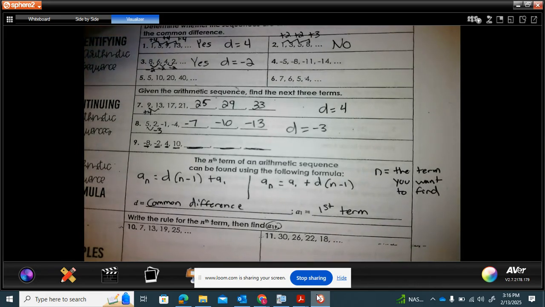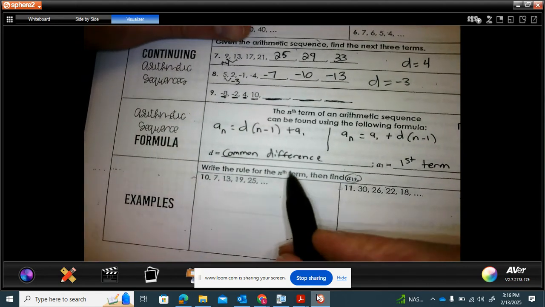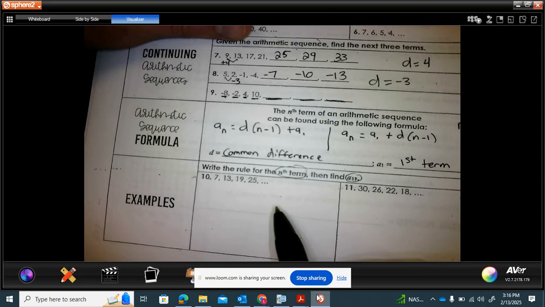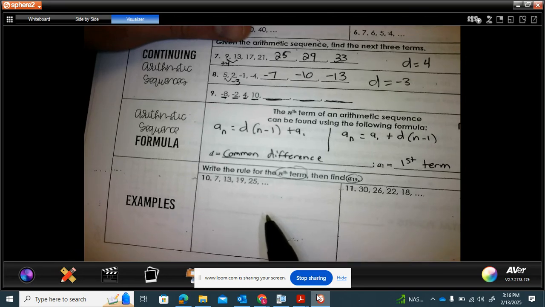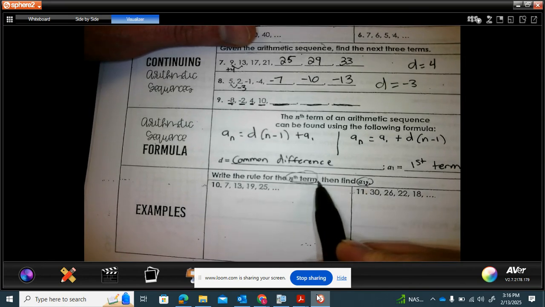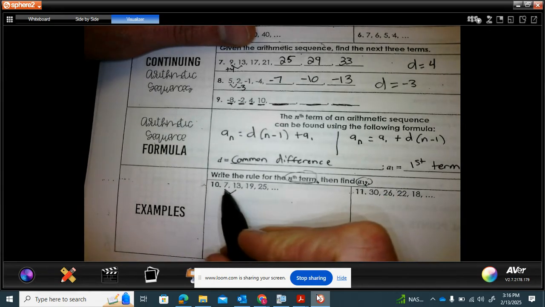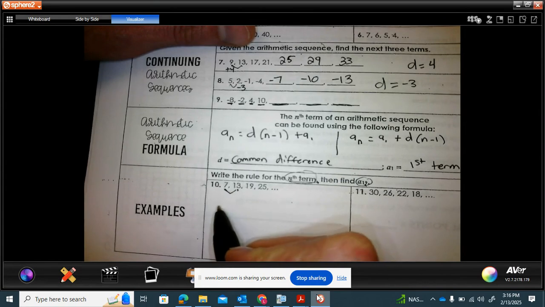And so then if you look at question 10, we have to do two things. The first thing says find the nth term, which is basically the generic formula that could find any single term in the sequence. Then we have to find A_19. So let's start with the nth term. Before we do anything, always find your common difference. To go from 7 to 13, you add 6.